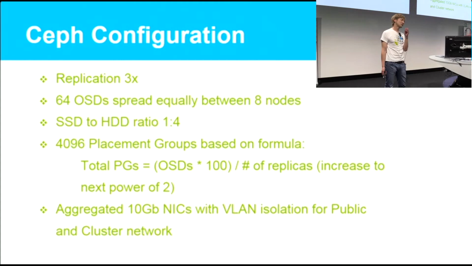We saw some performance improvement, but not as much as expected. Based on these numbers, we calculated the number of placement groups, which is 4,096. Also, we used 2 10 gig NICs, aggregated them, and put 2 trunks on them, one for VLAN and one for the cluster network, for network segregation.